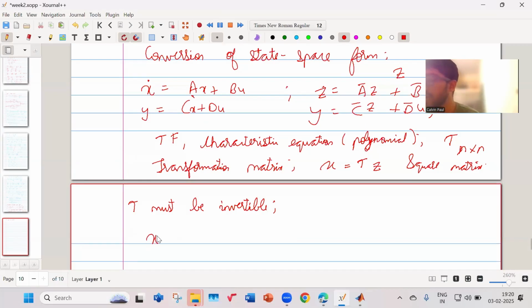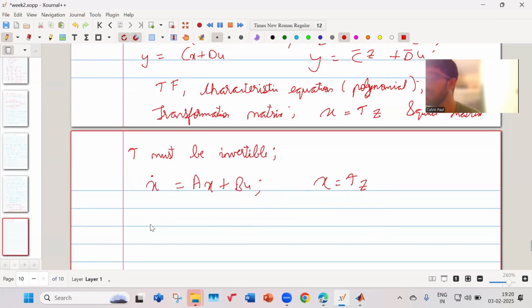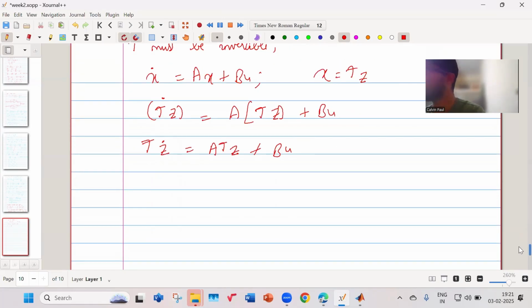So how do we get it? We already have x dot is equal to Ax plus Bu. We substitute x is equal to T into z. So what do we have? T into z, the derivative of that, is equal to A times x, which is again T into z, plus B into u. Now since T is a constant transformation, it comes out: T into z dot is equal to A into T into z plus B into u. So what do we do then?